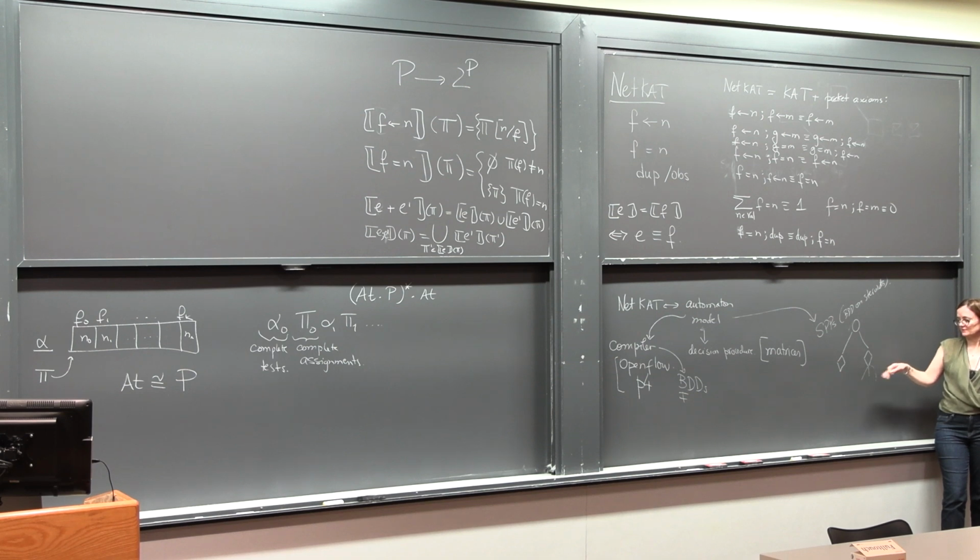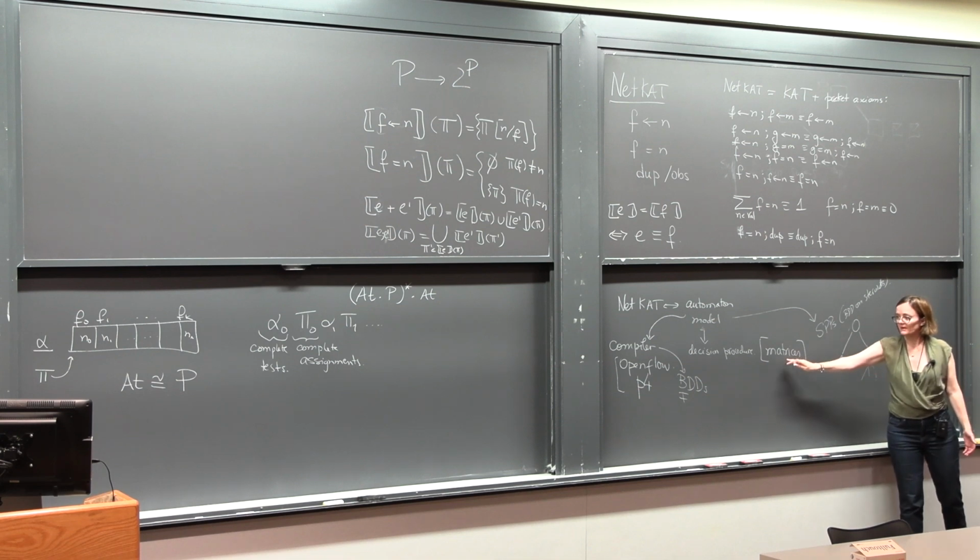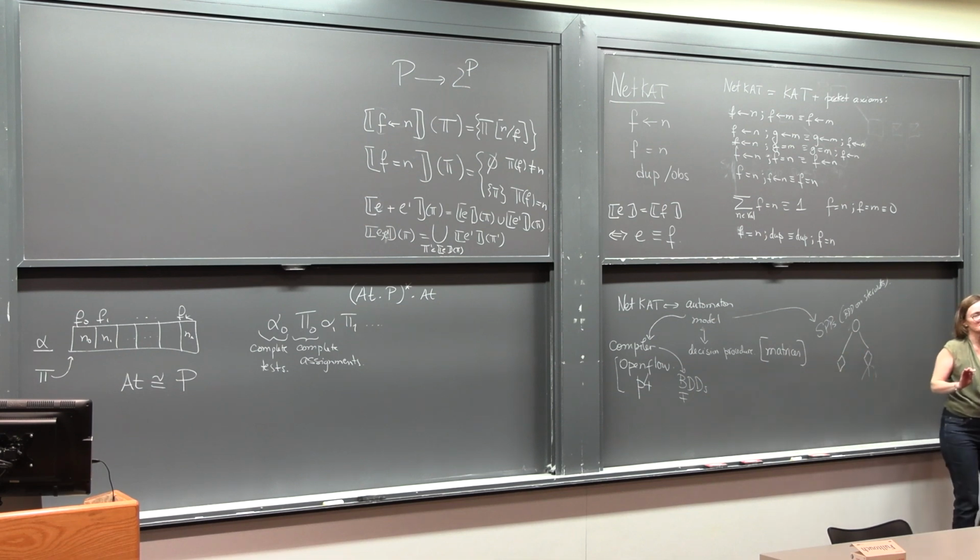And if you look at the paper, the idea is very simple. And it doesn't seem very promising when you look at it, in the sense that why should this be more efficient than matrices or FDDs? But as it turned out, from the nature of how NetKAT works, this is very, very efficient.